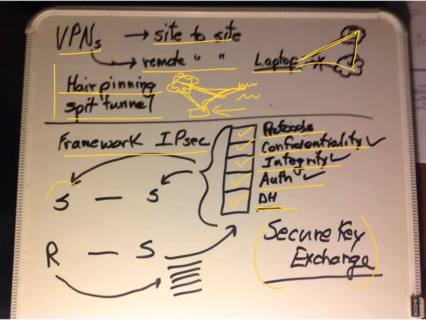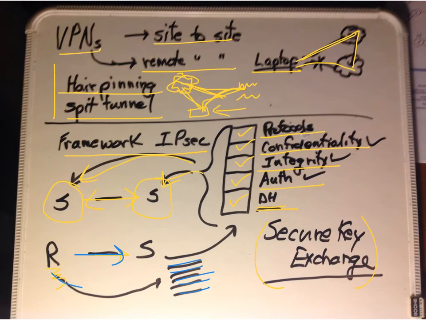We can have a situation where we set it up site to site, right? We have to set this up on both sites so that they can communicate. Or we can have a remote site coming in, and then there can be a number of transform sets.